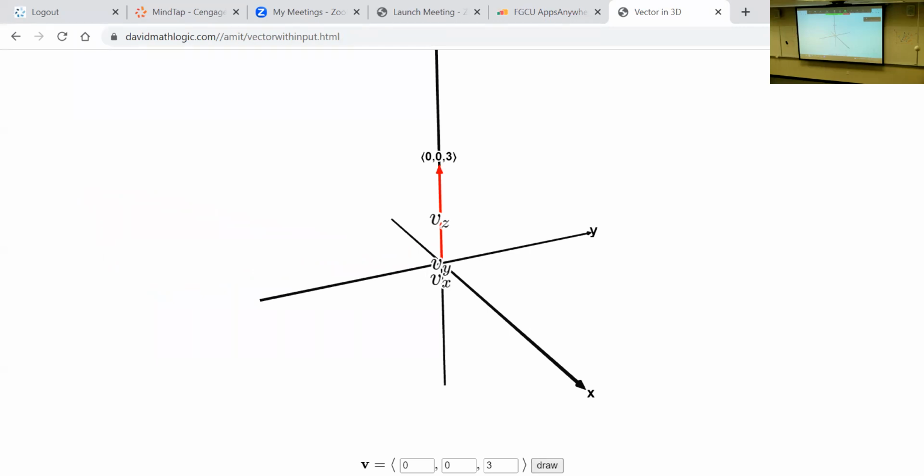If I multiply the 3 by -1, that would go down. So multiplying by -1 is just reflecting from the initial point where the vector started. So you're just flipping from up to down. Good.